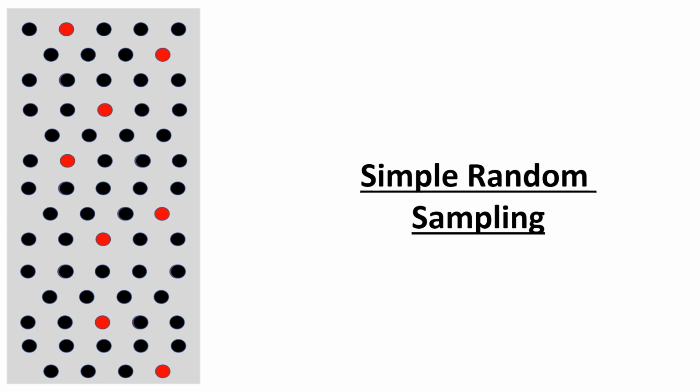As the name suggests, in this method, you randomly sample n data points from the entire dataset. So the probability of sampling any data point in the dataset is the same when you use simple random sampling, because you sample randomly from the entire data. This is one of the simplest and most widely used sampling techniques.